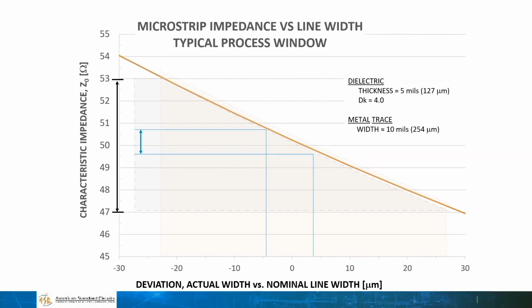Whereas in a subtractive process, it's probably closer to 1 mil variation. John probably has a much better handle on that, but that would give you the full width of this chart. So you'd be everywhere from 54 ohms all the way down to, let's say, 46 or 47 ohms.